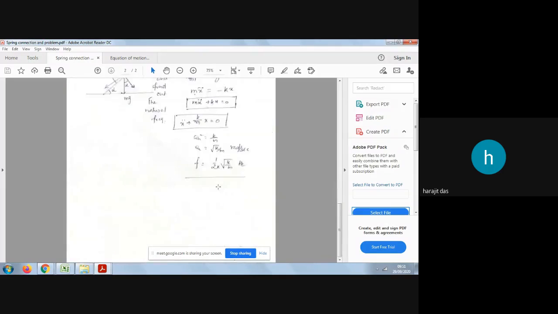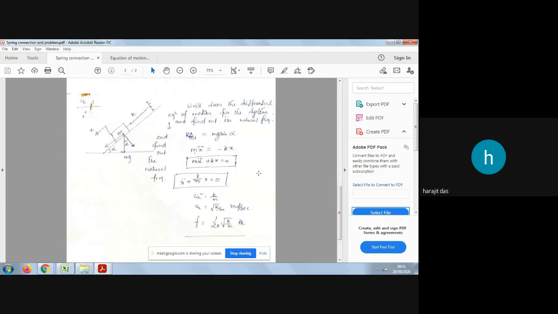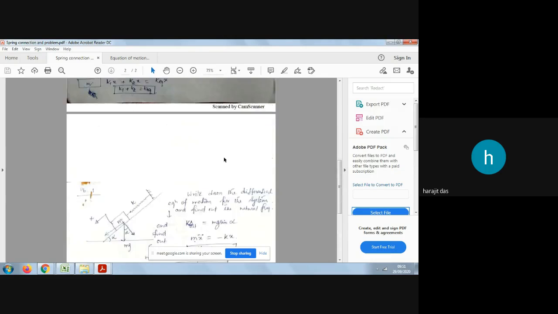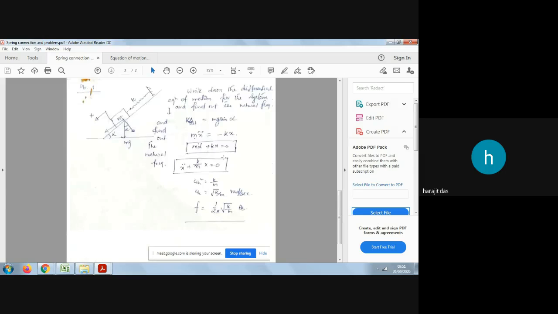You can see one problem. We will cover this topic in the next class. This is a simple problem where you are asked to find the natural frequency.